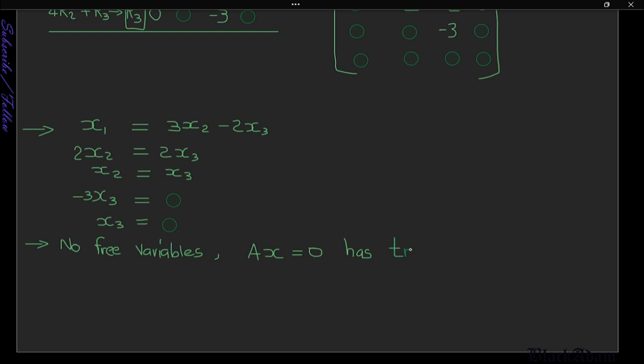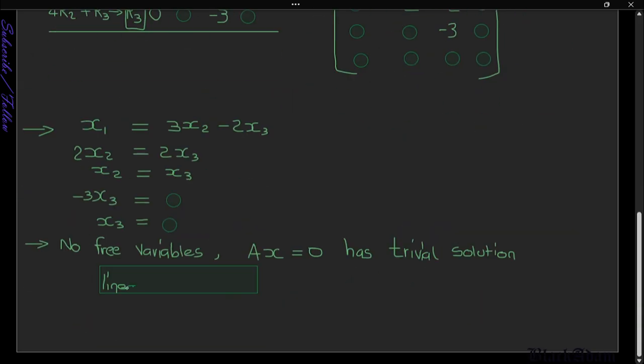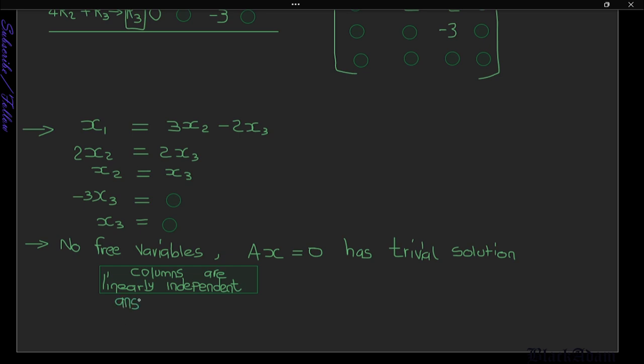So Ax equals 0 has only the trivial solution, which means it is linearly independent. If there was any free variable, then it would be dependent, according to the definition of linear independence and linear dependence. So the columns are linearly independent, and that's our final answer.